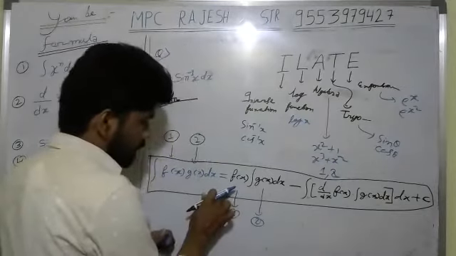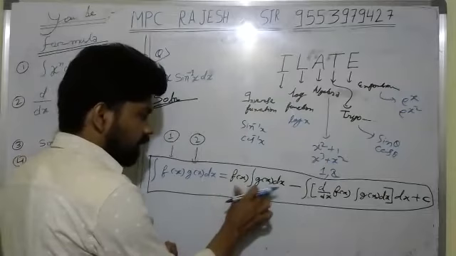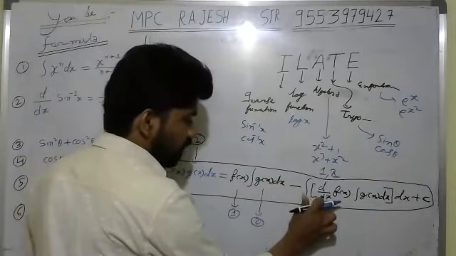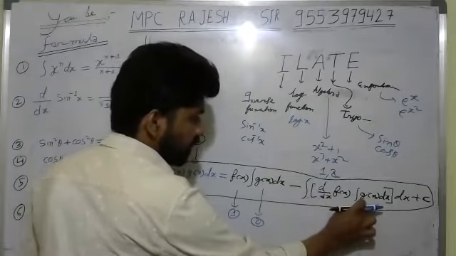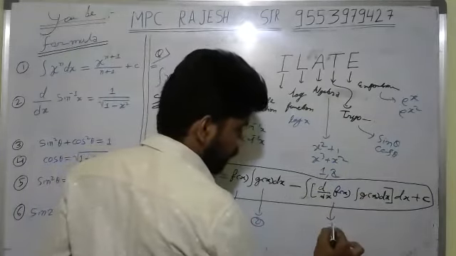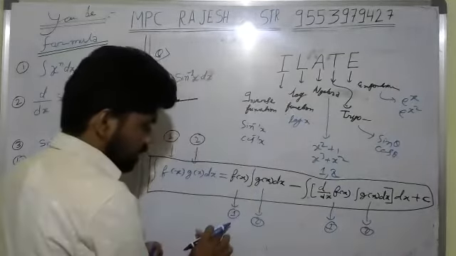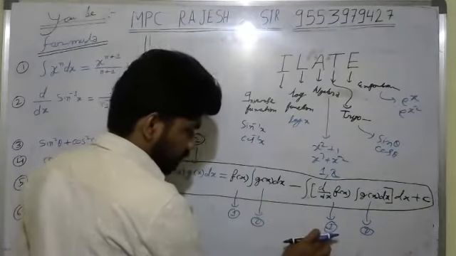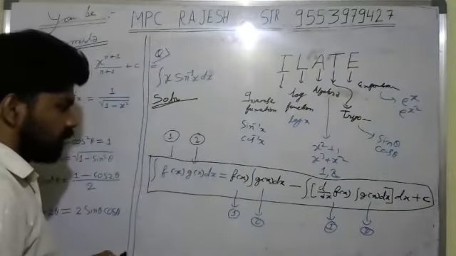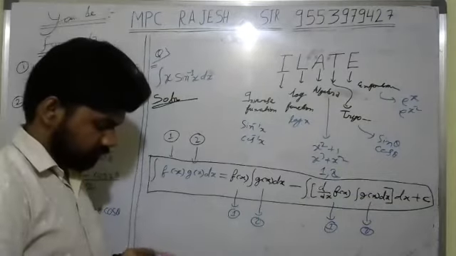Function number one as it is, integrate the second function, minus integration of first function differentiated times second function integrated. First and second as it is, integrate, differentiate, integrate. This is your formula. Okay, you can copy this.